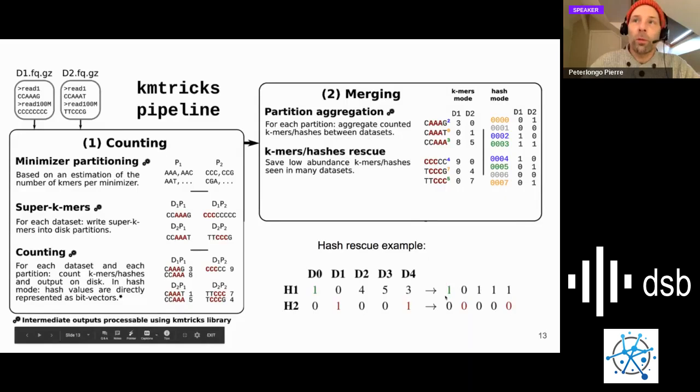This is what we call rescue, and this kmer has been rescued here. This is not the case for this kmer because it's low abundant everywhere, so we are not going to rescue it. And for doing this, we need, of course, the holistic view of the occurrences number of the kmer in all the datasets. And this is what is permitted by this merging step.